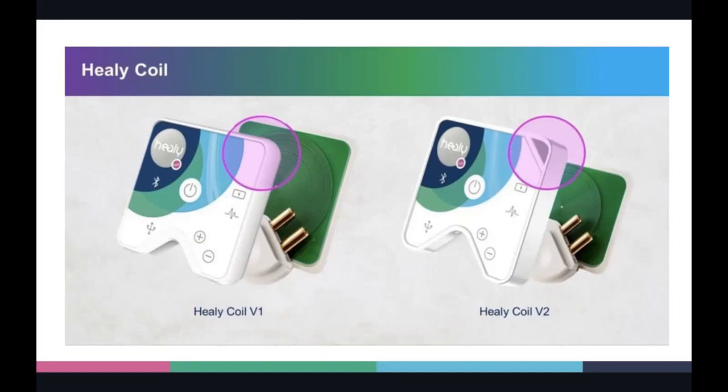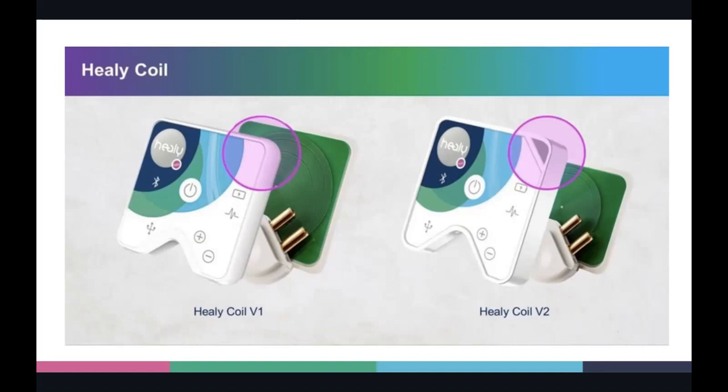So here's a picture of the coil itself, but to make a distinction between version 1 and version 2, there's been a lot of confusion around that. If you got your Healy during the US launch in 2020 and onward, your Healy would be version 1. And you'll know that because if you look up in the right hand corner, it's solid, it's just a square.